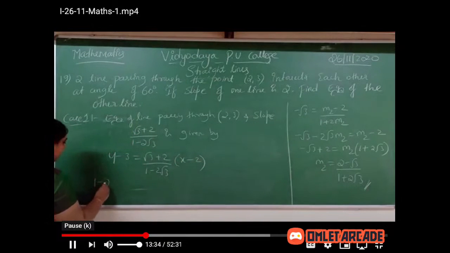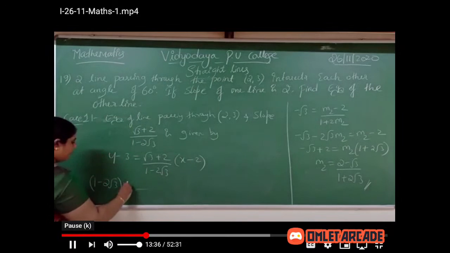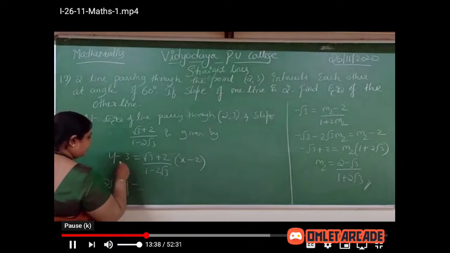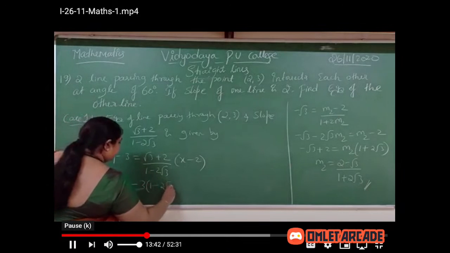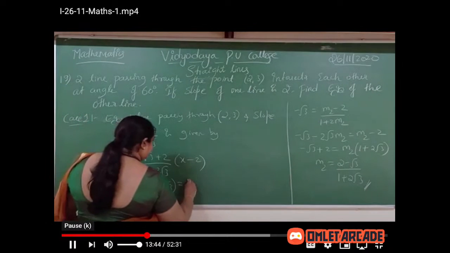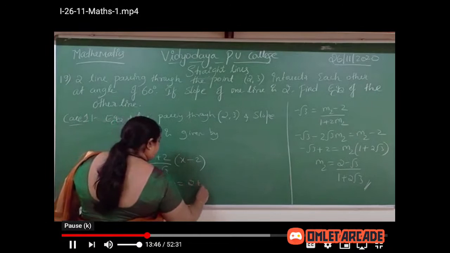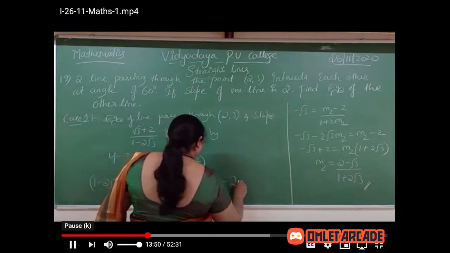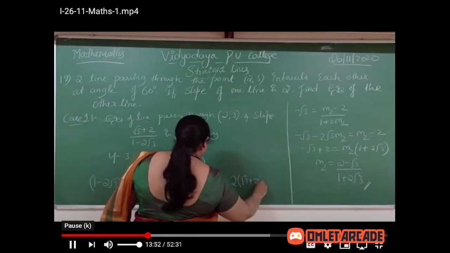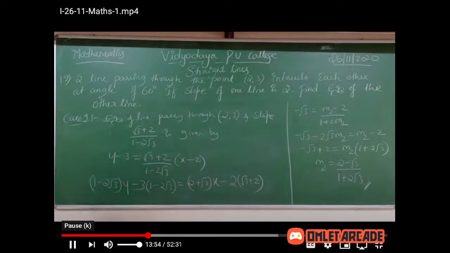So it will be 1 minus 2 root 3 y, and this will be minus 3 into 1 minus 2 root 3 is equal to 2 plus root 3 x minus 2 of root 3 plus 2. Isn't it? I cross multiplied it, and multiplied element wise.